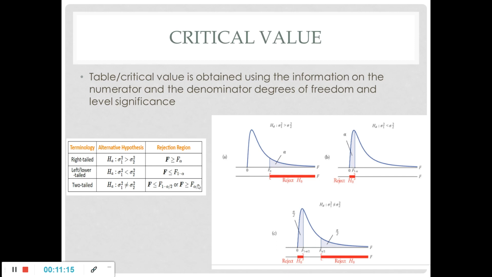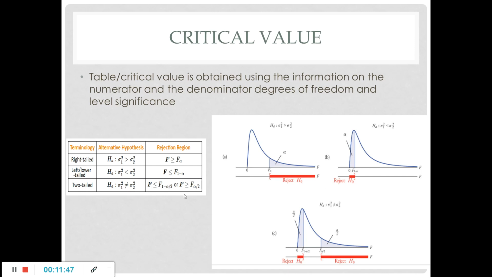So you should look for the table value corresponding to 0.025 for right tail. And coming to the left tail, you should minus alpha by 2 from 1 to obtain your critical value for the left tail in the case of two tail test.